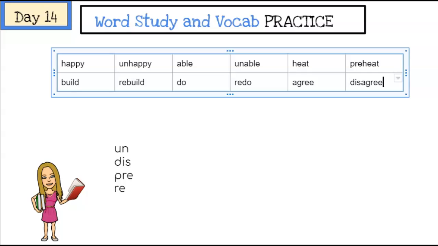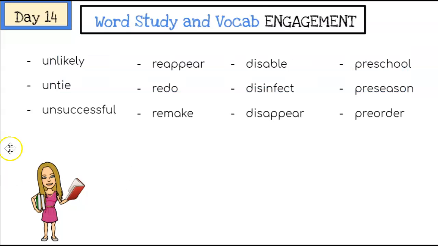Let's take a look at some other words, and then I'm going to give you an opportunity to think of some words on your own. Here we have in different categories each one of our prefixes. Unlikely means not likely. Untie is the opposite of tying your shoes.